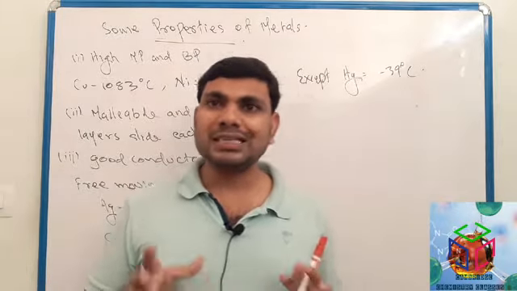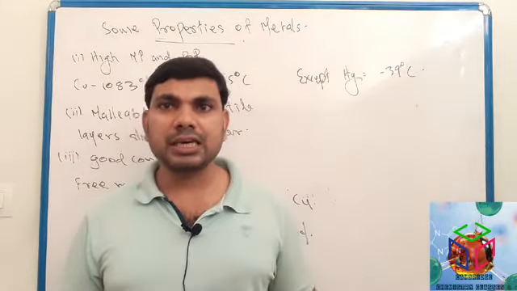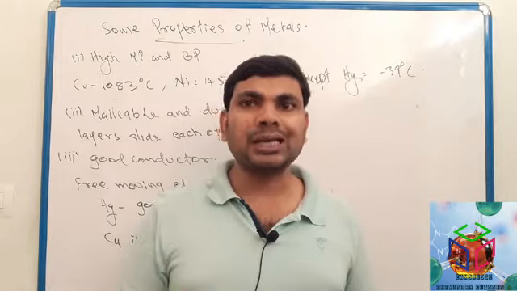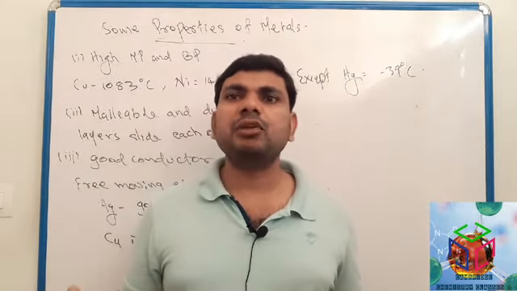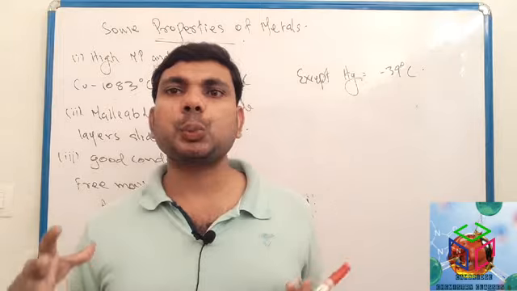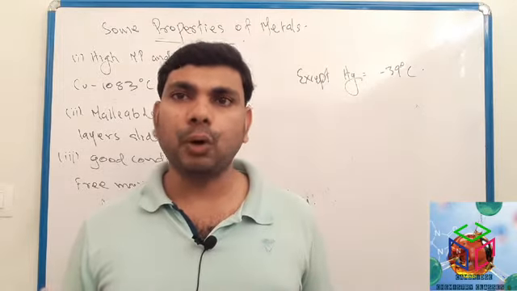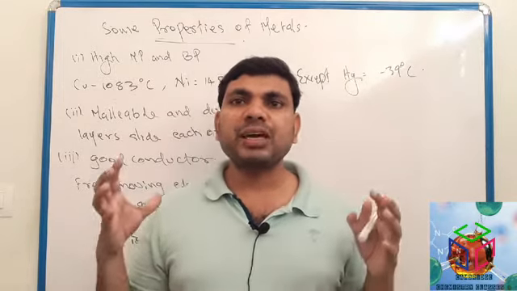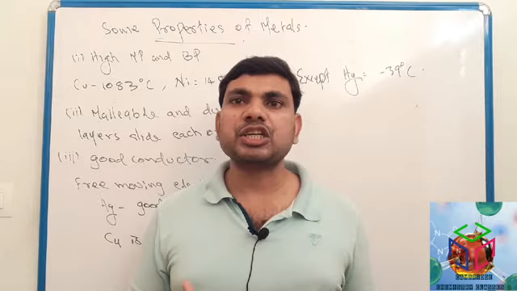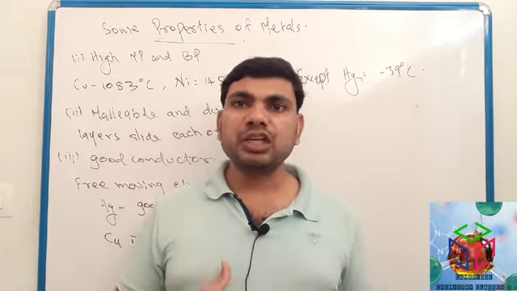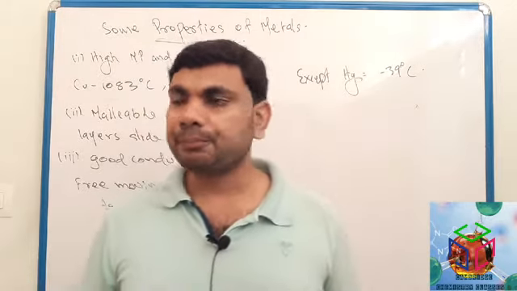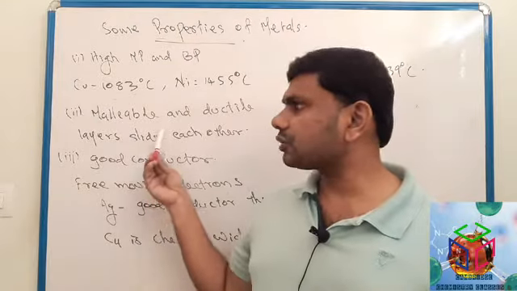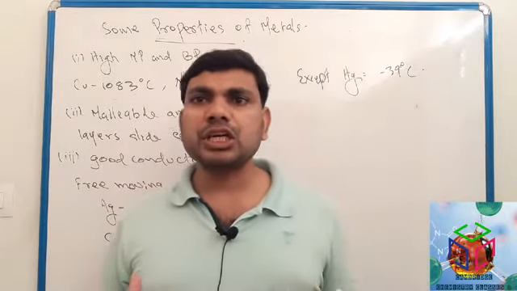Mercury is a metal, but it is an exception, its melting point is very low. Generally, metals show very high melting and boiling points because of the very strong force of attraction between positively charged metal ions and negatively charged electrons. Clear?